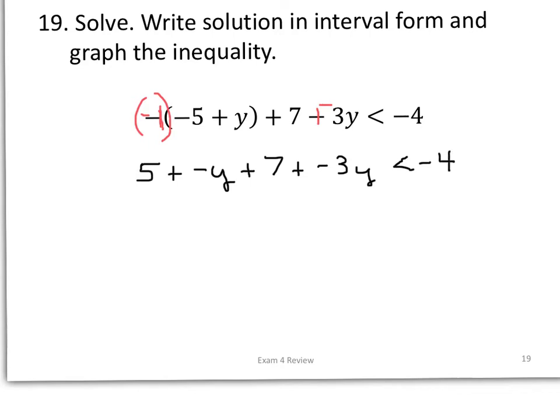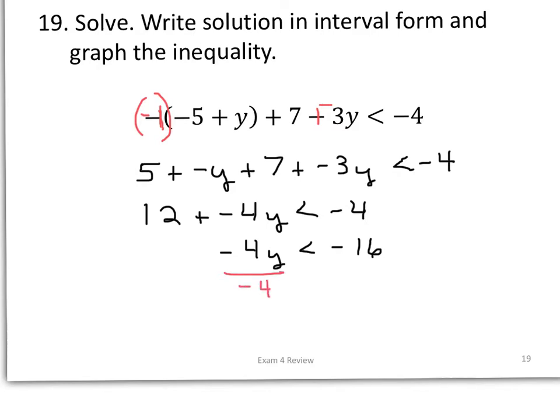Now I combine like terms. 5 plus 7 is 12. Negative y plus negative 3y is negative 4y. And then I subtract 12 from both sides. And now I'm going to divide by a negative number.